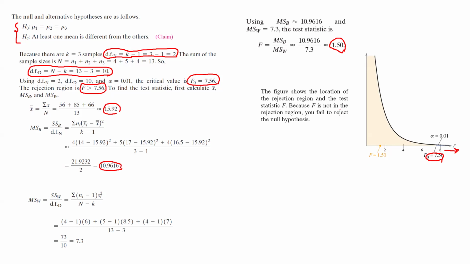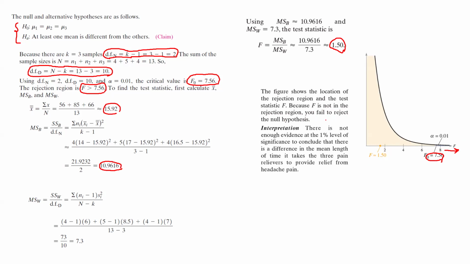Because F is not in the rejection region, you fail to reject the null hypothesis. It means that you support the null hypothesis. There is not enough evidence at 1% level of significance to conclude that there is a difference in the mean length of time it takes the 3 pain relievers to provide relief from headache pain.